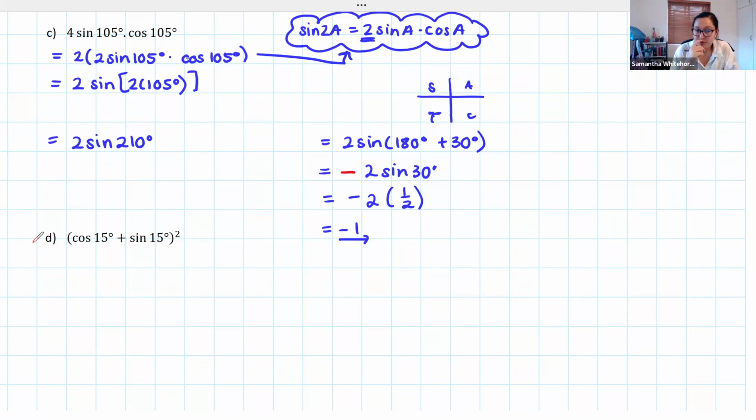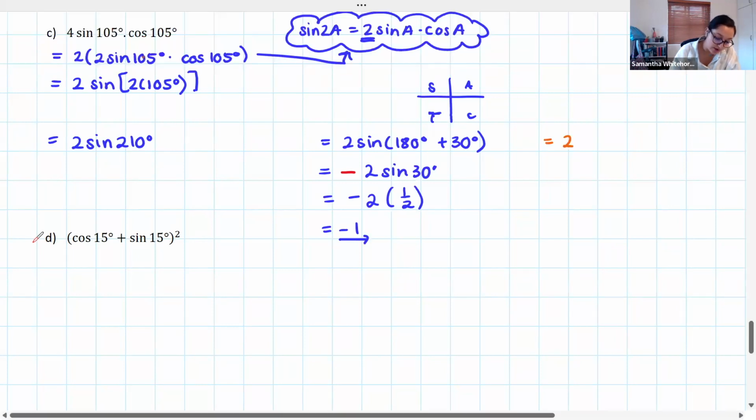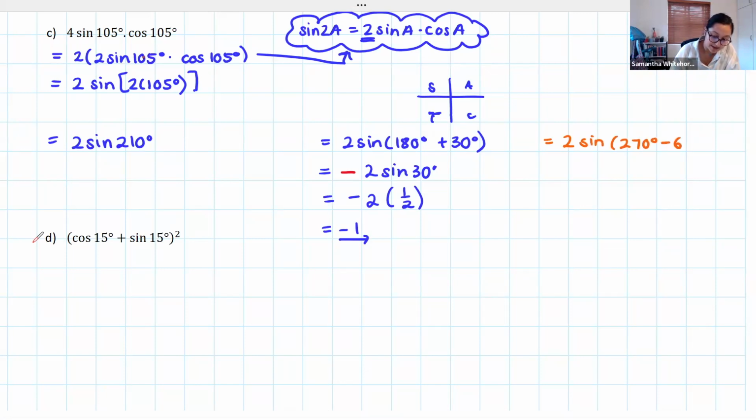Obviously, if you want to use the 270, just to show you, it would be fine. You would have 2 sine of 270 minus 60. Now that's a co-ratio. 270 minus is again in quadrant 3. This is where both sine and cos are negative. So there is a negative, name change to cos of 60 degrees.